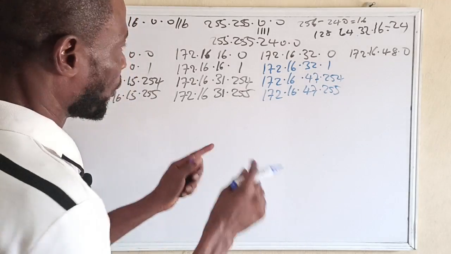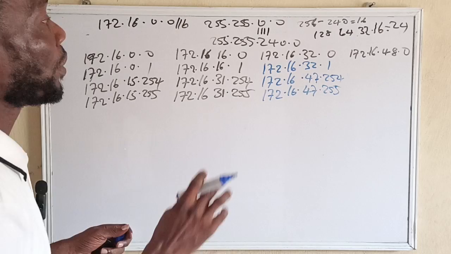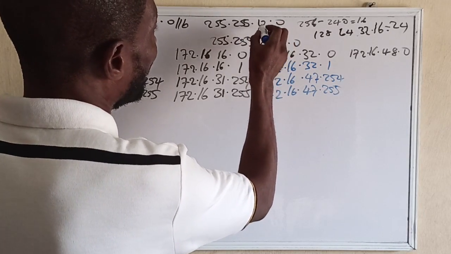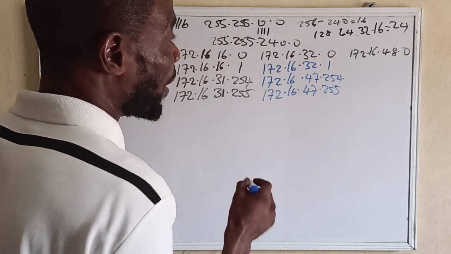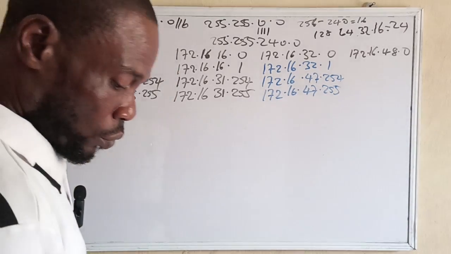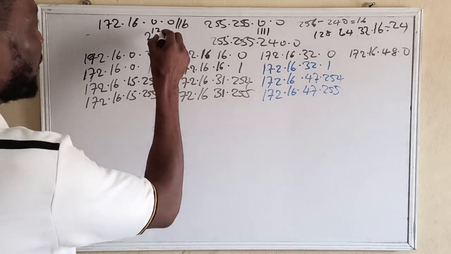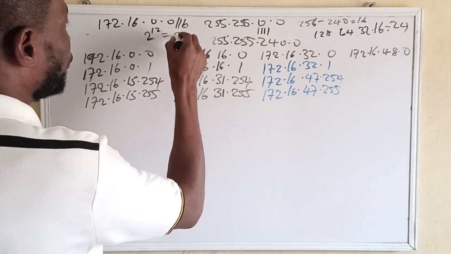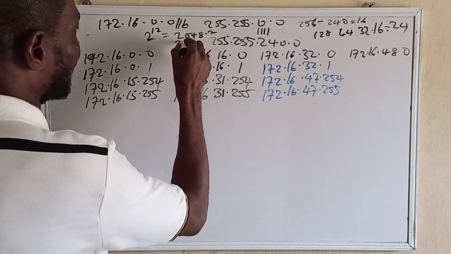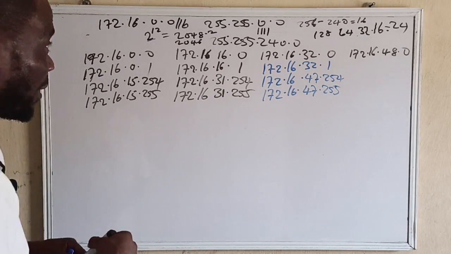Now when you come to assign, let's say we want to assign computers from this. The ISP has given us this space here. I did not tell you how many hosts it can give. When you borrow 4 here, how many remain? 4 plus 8, 12. 2 raised to power 12 is 4096 minus 2, which is 4094 valid IP addresses.